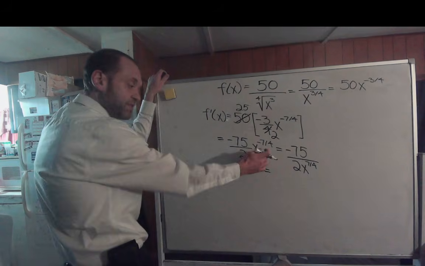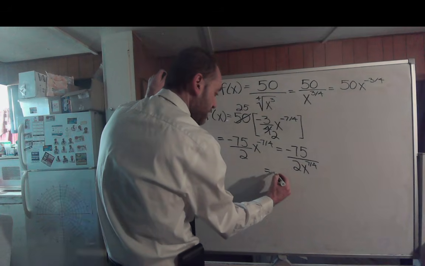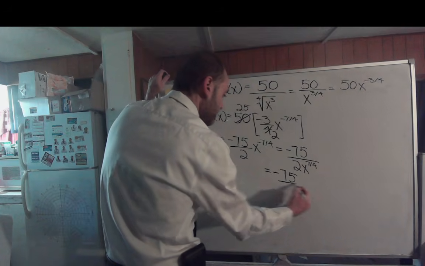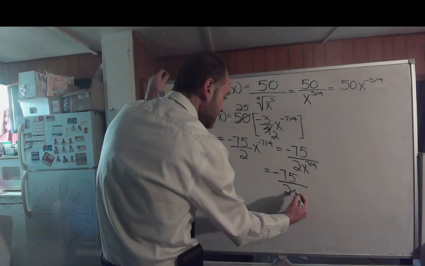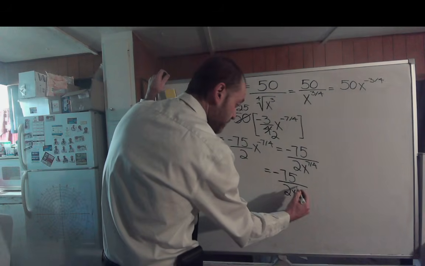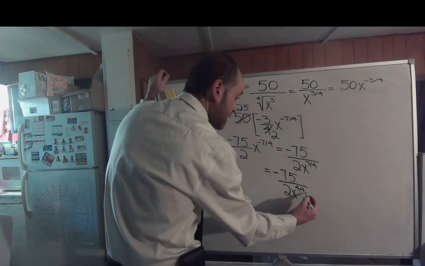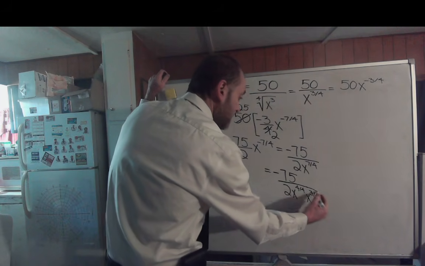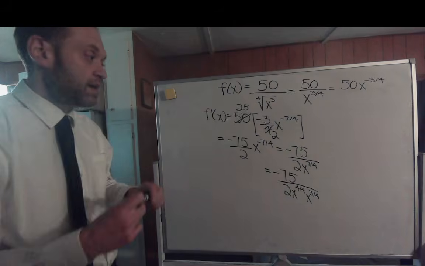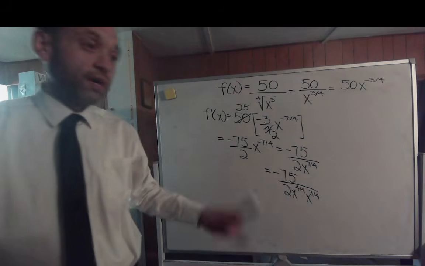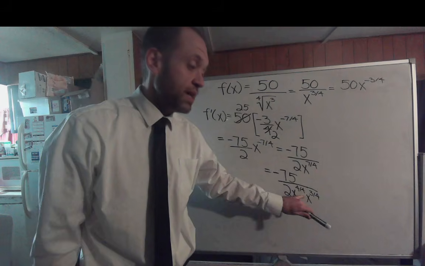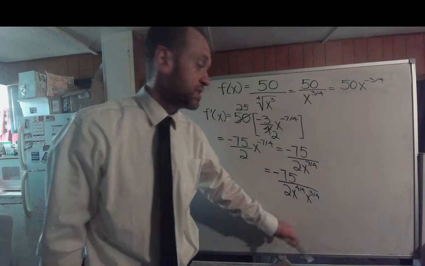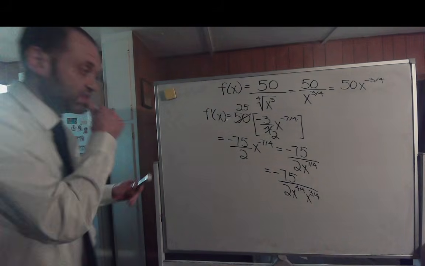I mean, you could leave it this way, but I'm trying to write it in radical form. So this would be negative 75 over 2 times x to the 4/4 times x to the 3/4. The reason I'm separating these is because 7/4 is greater than 1, we can separate these because x to the 4/4 is just x to the first, then you'll have x to the 3/4.